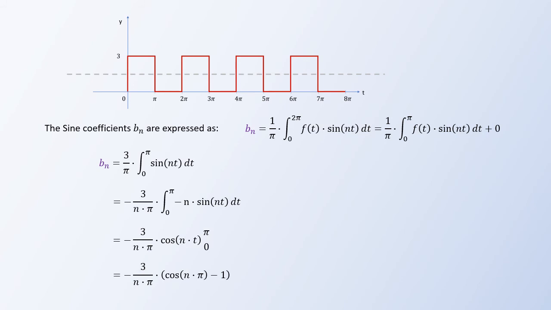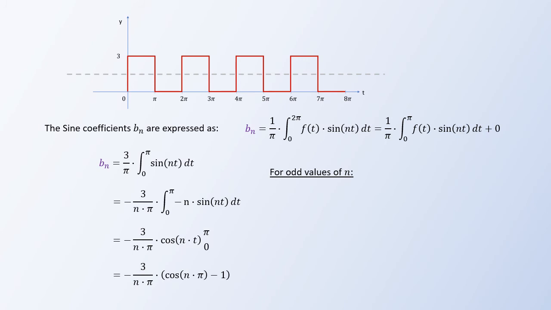So what are those going to be? Well, we actually have to look at this in two different ways. First, we have to look at the odd values of n. So for odd values of n, that would be 1, 3, 5, and so forth. The n pi would be 1 pi, 3 pi, 5 pi, and so on.